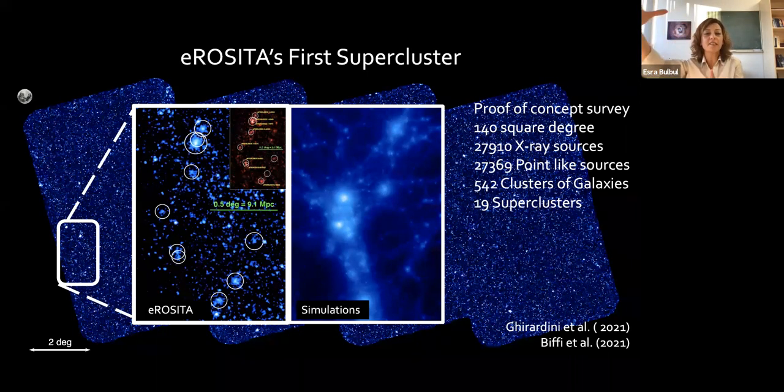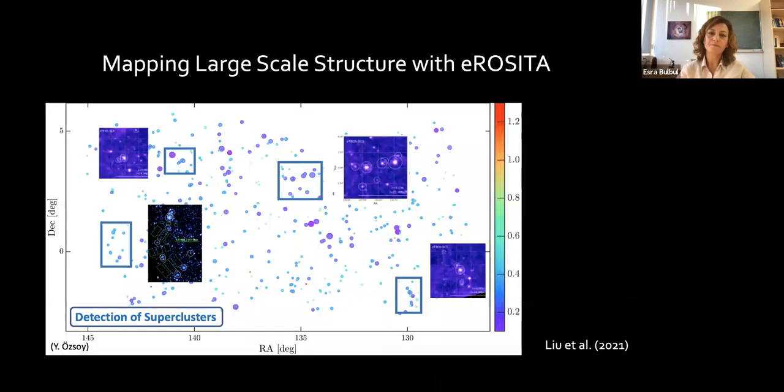In gigayears of time, they will form a massive galaxy cluster. We just caught them gigayears prior to that stage. And when we searched the entire field, we found 19 of them in this small region of the sky. That shows you the power of eROSITA to map the large scale structure.